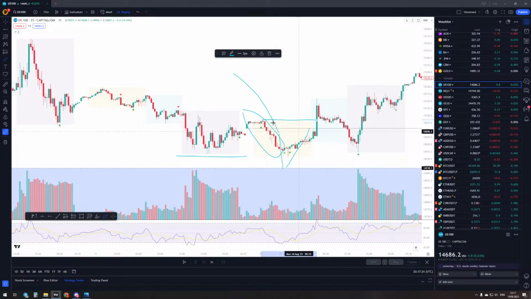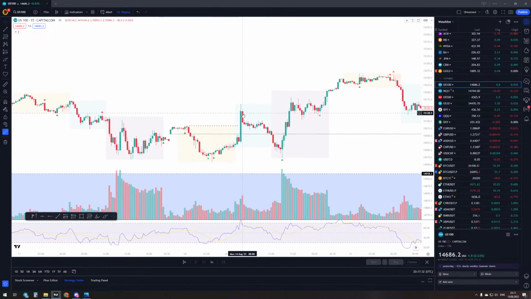This is our BOS, break of market structure. And then we have a test, which is this one. On this test, we enter in position.